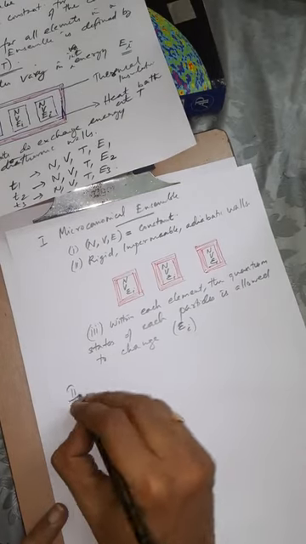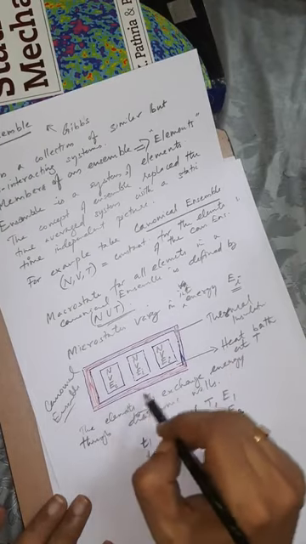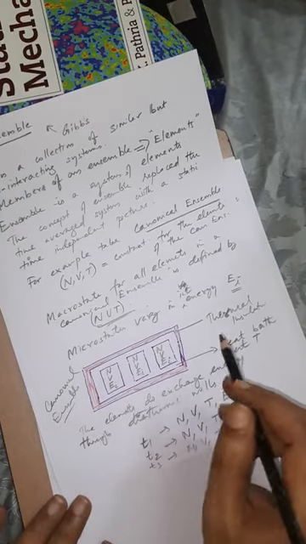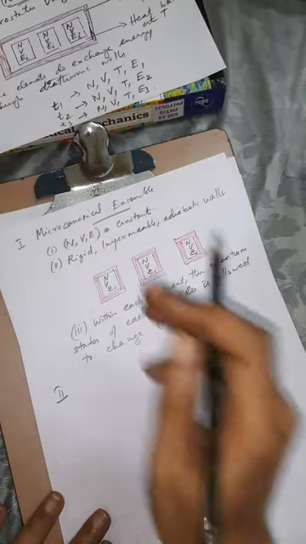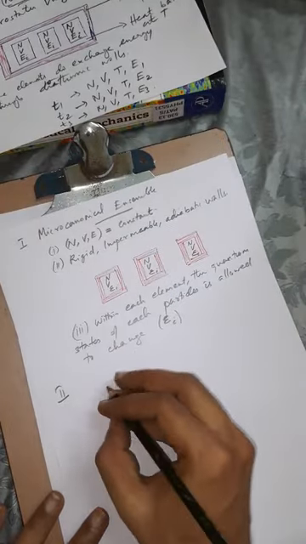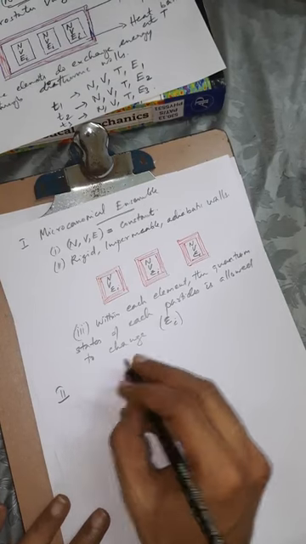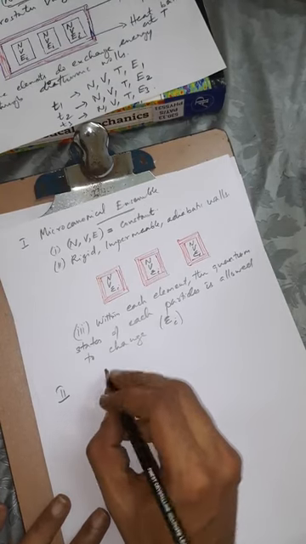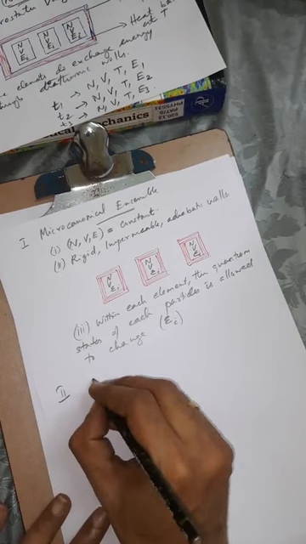The second one we have already told over here. This is the canonical ensemble. We know it. We have explained that in detail. So let me just jot it down and mention the main characteristics.